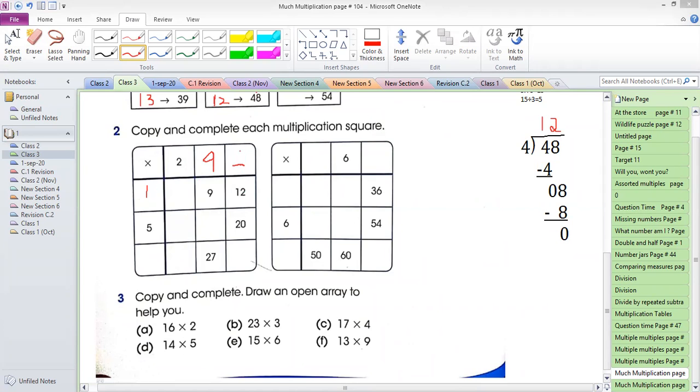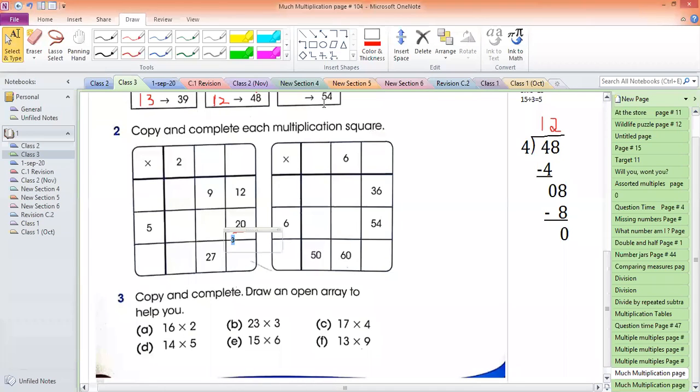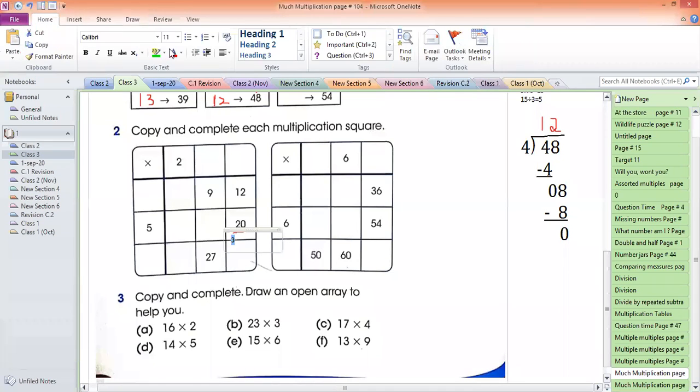If I write 12 here, I cannot get 20 here, because 5 multiplied by 12 is not equal to 20. Now check the other option. If I write here 3 multiplied by 9, like this.